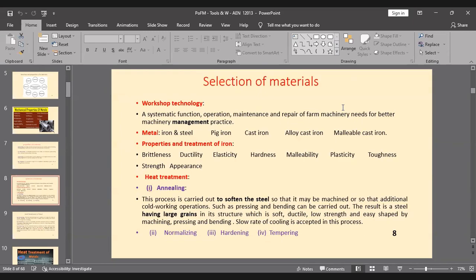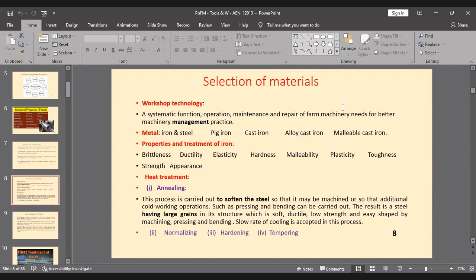Then in steel, you can go up to 1% level. Then by adding more carbon, you can go up to 4% level. 0.25% carbon, 1% carbon, and then 4% carbon. All are iron.